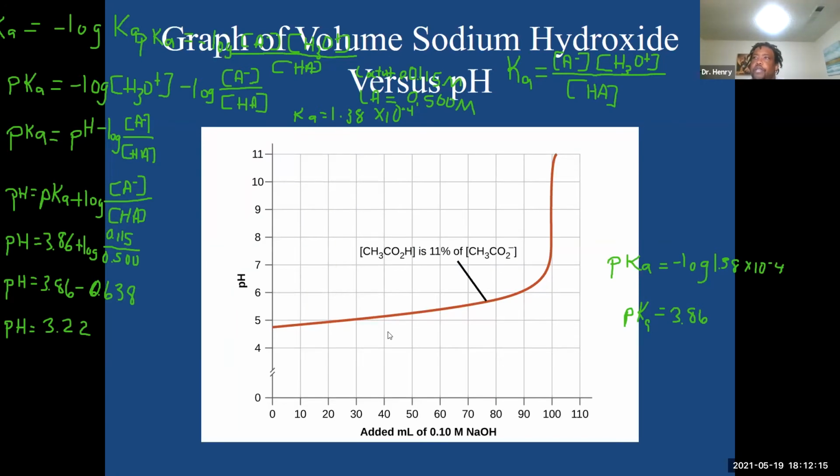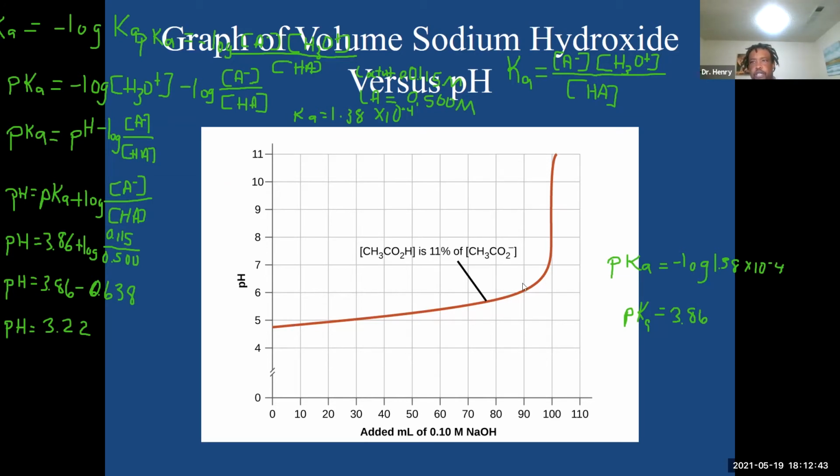Okay, so this is just a graph showing you what I just talked to you about, the whole thing with buffering. Here we're adding 0.1 molar sodium hydroxide, which is a strong base, 10 mLs of it, 20 mLs, 30 mLs, and we're only getting a change of 1 pH by adding so much to it. So that system is really buffered.